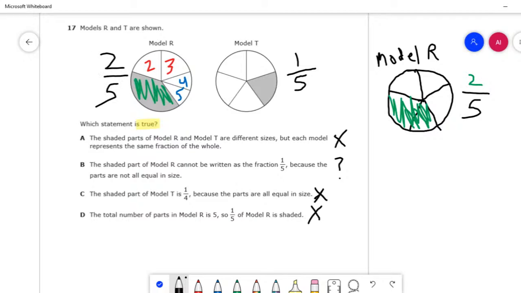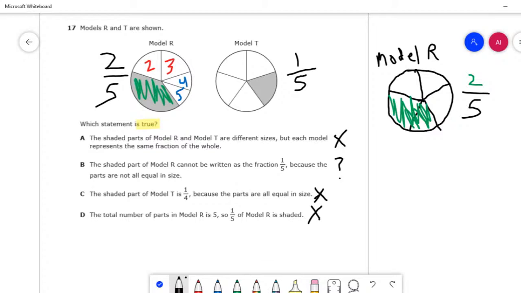Not 1/5. So again, if we revisit the ones that we marked as wrong, answer choice A says the shaded parts of model R and T are different sizes, but each model represents the same fraction of the whole. Well, model R represents 2/5 and model T represents 1/5. So that means that they are not the same fraction of the whole.